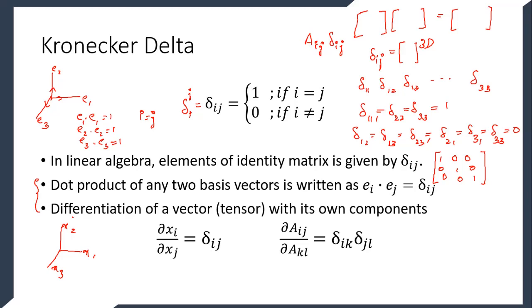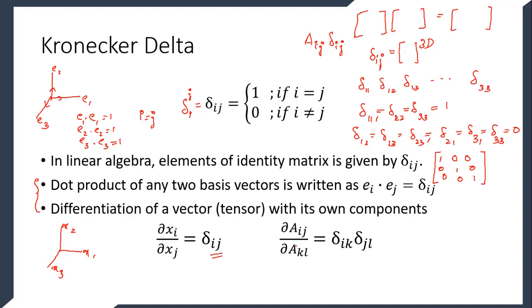I hope you remember what we were doing there and how we differentiated using different terms. It's the same thing represented mathematically here. So differentiation of a vector with its own components is denoted by a Kronecker delta.